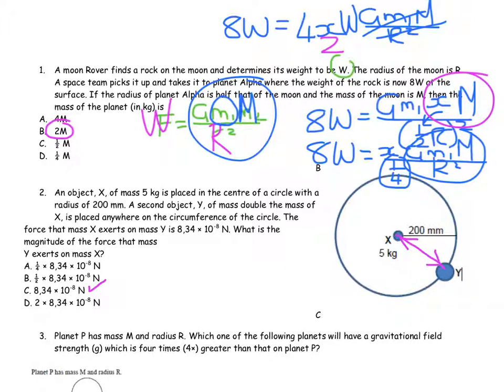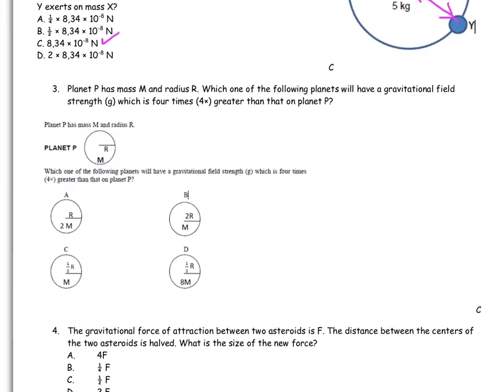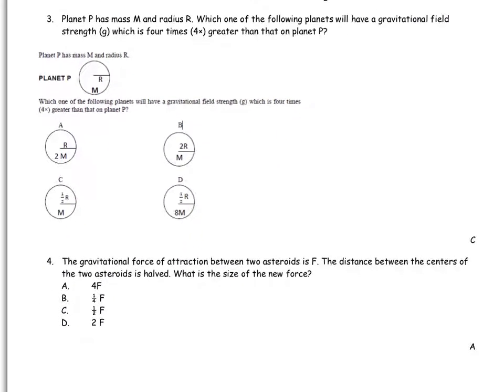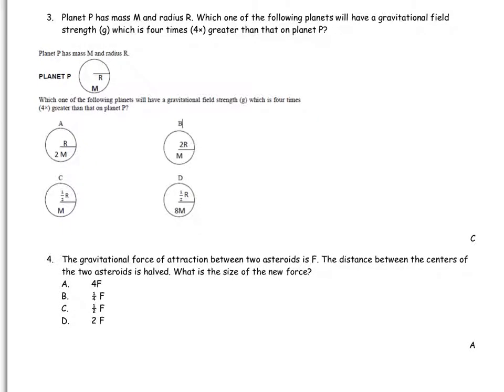Planet P has a mass m and a radius r. Which one of the following planets will have a gravitational field strength which is 4 times greater than planet P? So, if I'm taking a look at those two, I want a g that is 4 times.